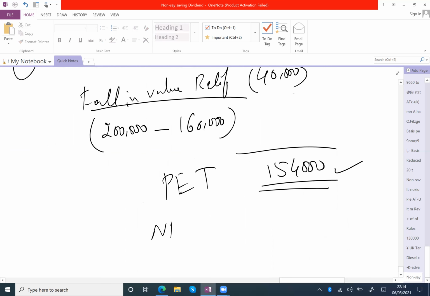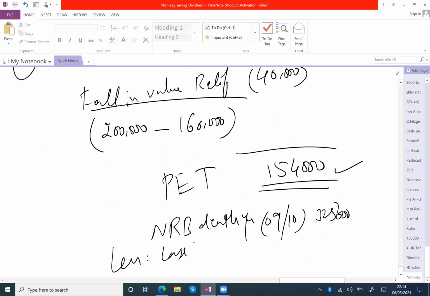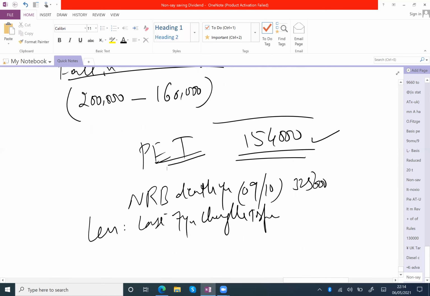So firstly check the NRB availability at death year, because you are calculating the death tax. Death year is 0910. So 325,000 nil rate band available, less last 7 years chargeable transfer from the gift date. You made this PET in February 04.